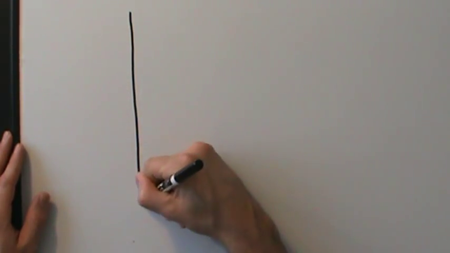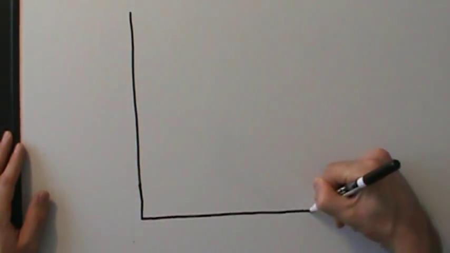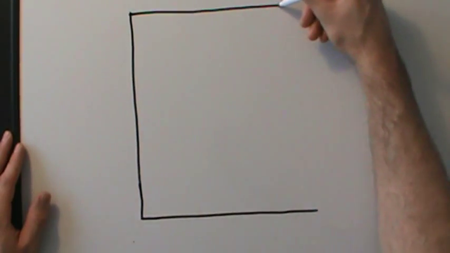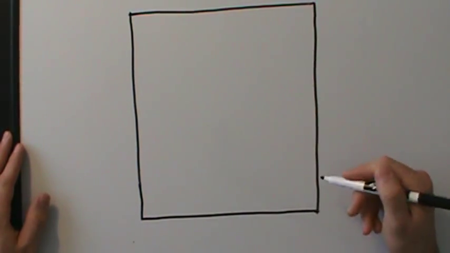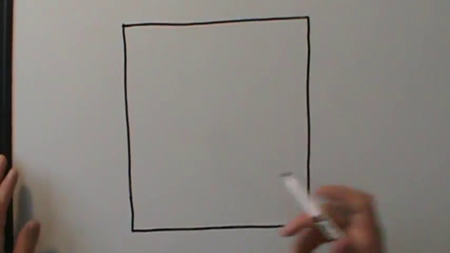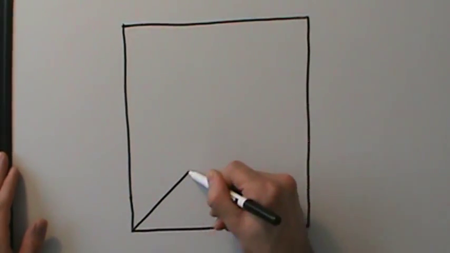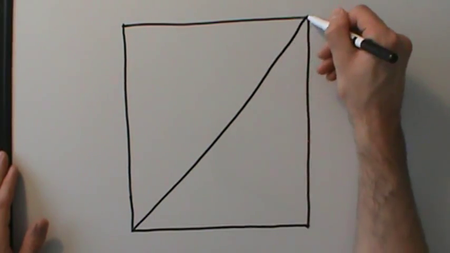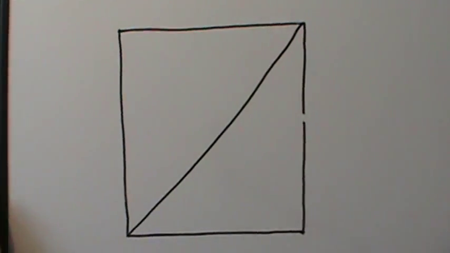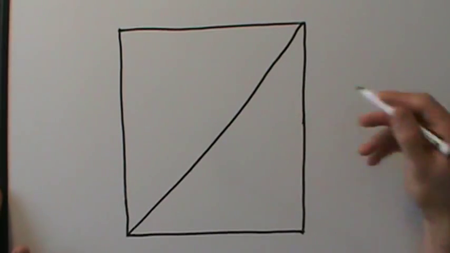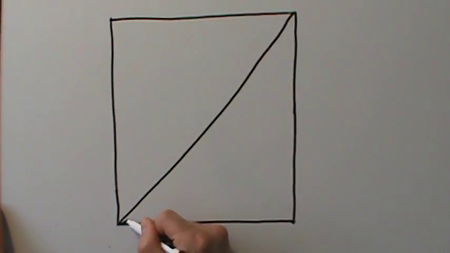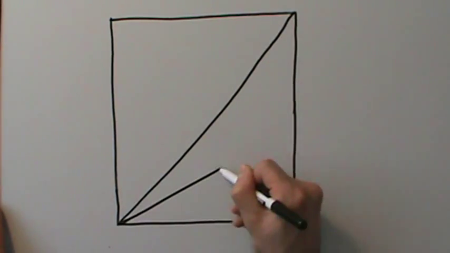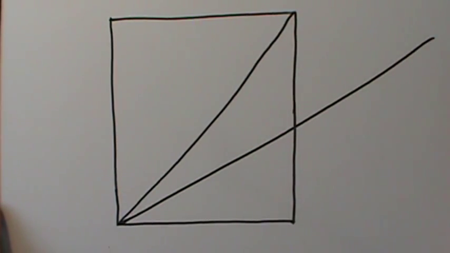So we're going to draw a big rectangle. Okay, so here's a rectangle, and then we're going to put a diagonal in here. Close enough. Okay, and then also a little line segment out to here.